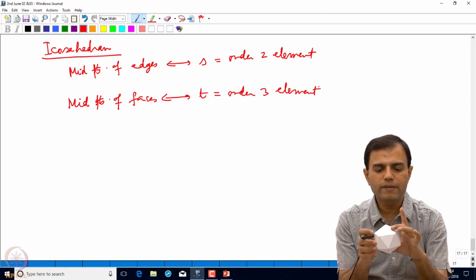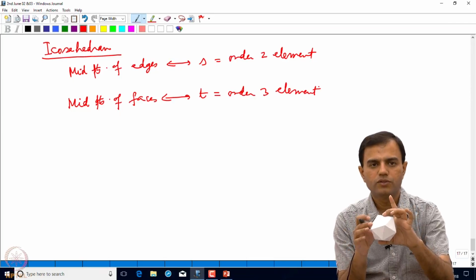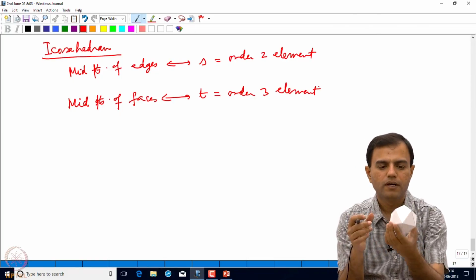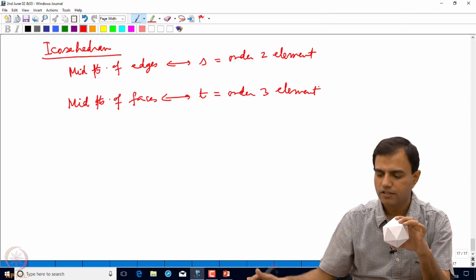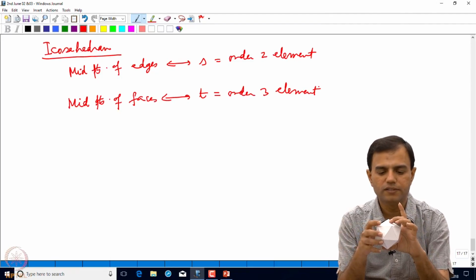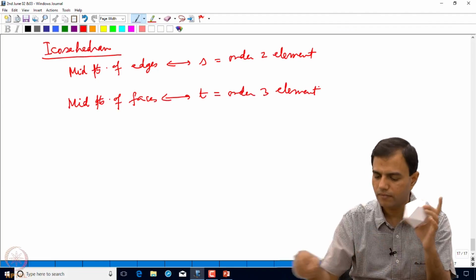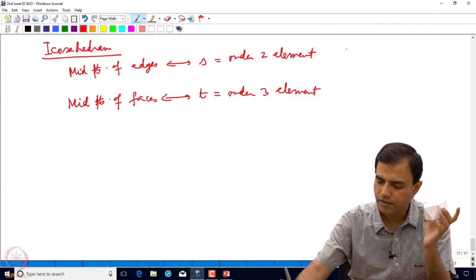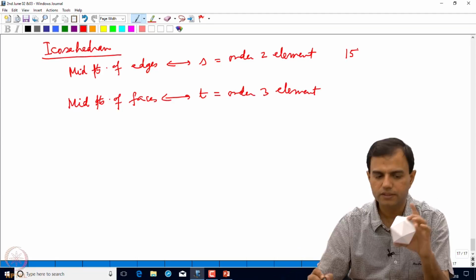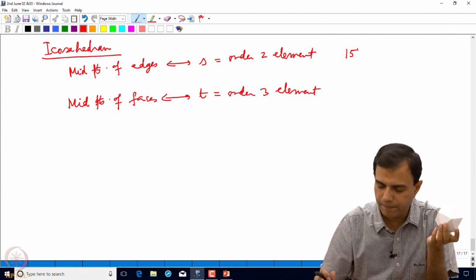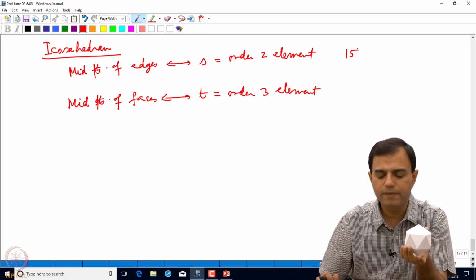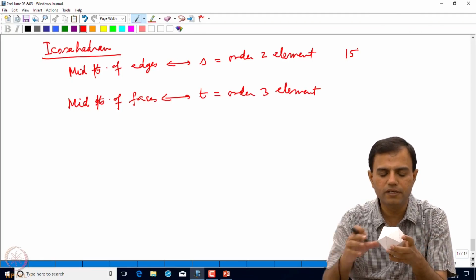So how many order 2 elements are here? There are a total of 30 edges. There are 15 pairs of edges, right? So since 15 pairs of edges are there, I have 15 of these. One is in this position, the other in that position. And how many order 3 elements will be there?